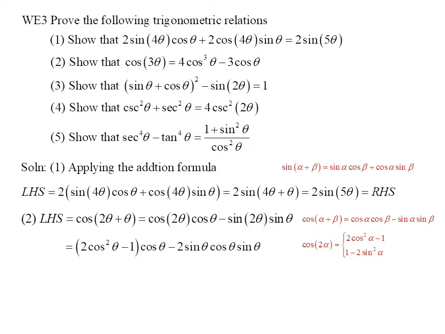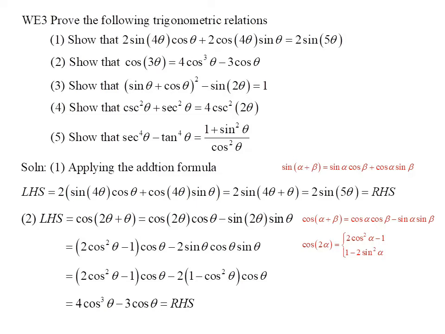So cosine 2 theta is replaced by 2 times cosine squared theta minus 1. Sine squared theta is replaced by 1 minus cosine squared theta. Hence, cosine 3 theta equals 4 times cosine cubed theta minus 3 times cosine theta.